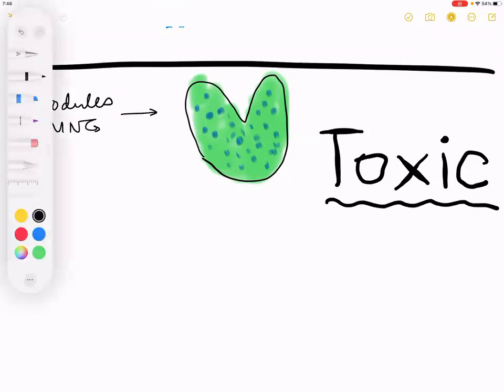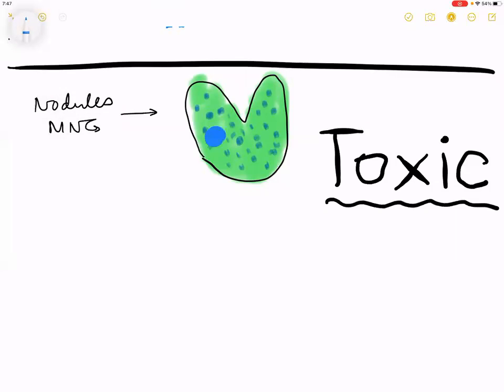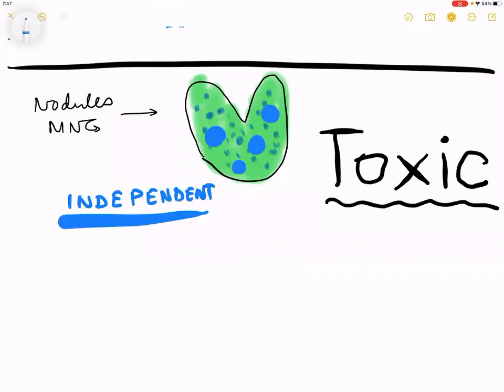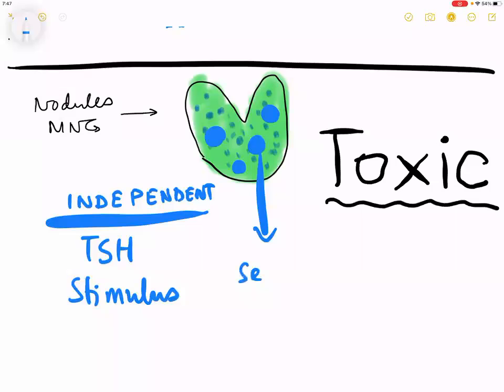Now understand that what if one such nodule or couple of such nodules become independent of the response of TSH? They go on secreting. So now what happened is that it becomes independent of the TSH response, and they now go on secretion.